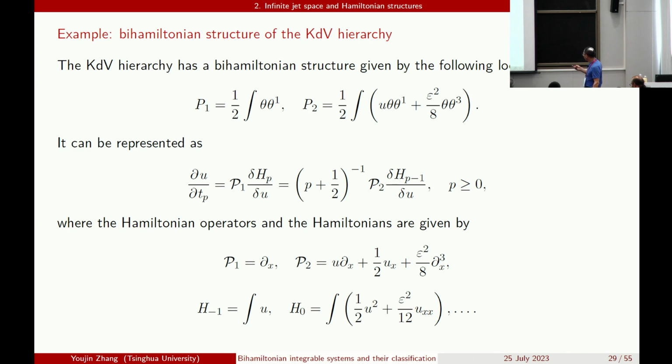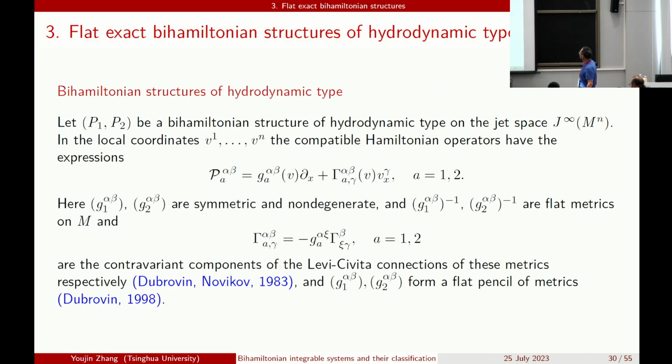So what I mentioned is that what we're considering is a class of so-called flat exact bihamiltonian structures of hydrodynamic type. So we have a bihamiltonian structure that is defined on, we look at the hydrodynamic type, meaning that they are defined on an infinite dimensional space with base manifold of dimension n, and we choose the local coordinates of the manifold M, v1 to vn.